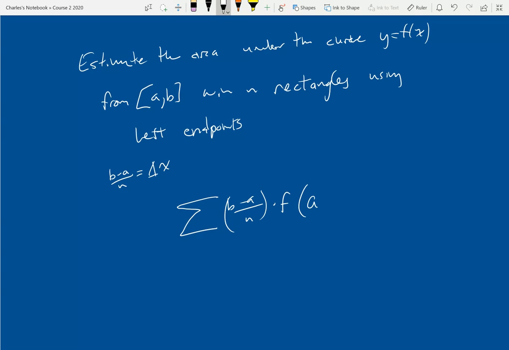Well, I'm going to start at whatever a is, and I want to build in a mechanism that jumps up by the width of the rectangle each time. So b minus a over n times k, where k goes from 0 to, well, when we had 6 rectangles, we went to 5. So we're going to go from 0 to n minus 1.